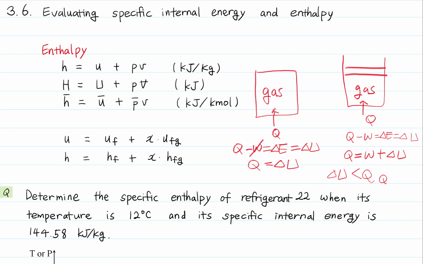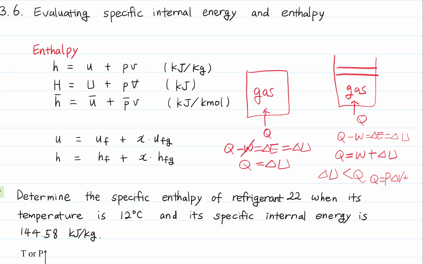So Q is pressure times volume change plus delta U. Here note that P times delta V plus internal energy change.